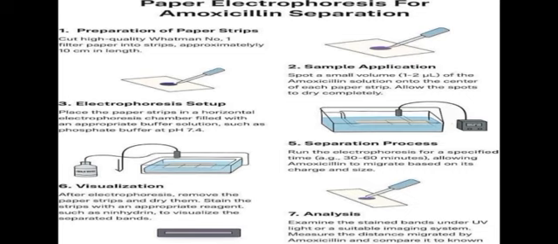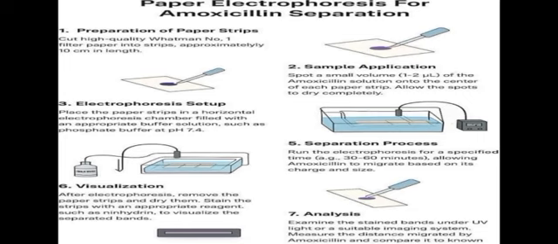Next, paper electrophoresis for amoxicillin preparations. First, we prepare the paper strips. Cut high quality Whatman number 1 filter paper into strips approximately 10 cm in length. Second step, sample application. Spot a sample of the amoxicillin solution onto the center of each paper strip.